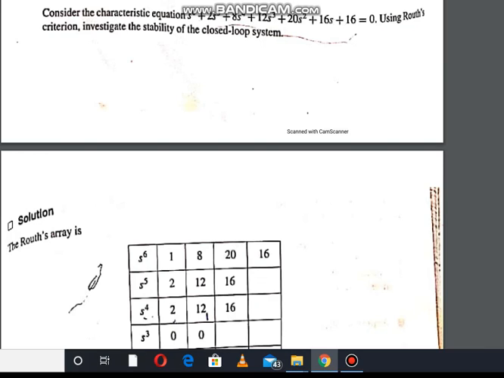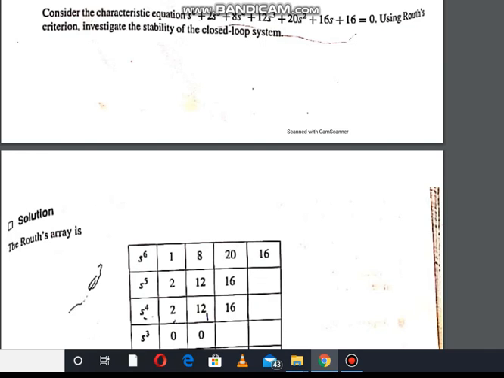Now to find out the s to the power 4 row, we have to do some calculations. For the first column of the third row, we take the previous two rows and consider a 2 cross 2 matrix. It is 1, 2, 8, 12 divided by 2. If we cross multiply, it is 2 into 8 minus 1 into 12 divided by 2, and if you simplify, you will get 2.